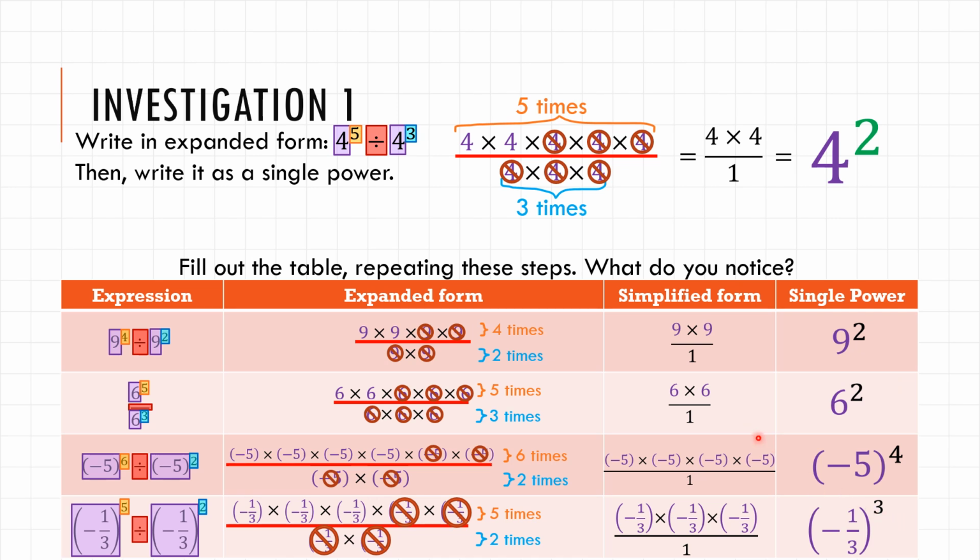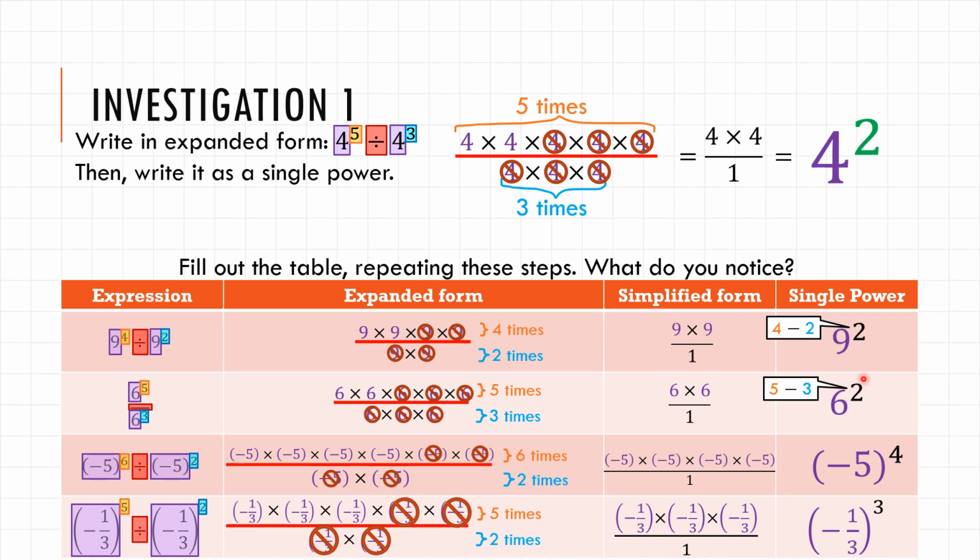And if you're looking really closely, you might notice that over here we had 4 9's, and here we had 2. So if we're removing 2 from the top here, we can always take 4 and subtract 2 of them, and that would give us 2 9's left over. Over here, we had 5 6's at the top and 3 at the bottom. So if we're removing 3 from the top, because that's how many will cancel out, well, won't we always end up doing 5 minus 3 to get 2 as well?